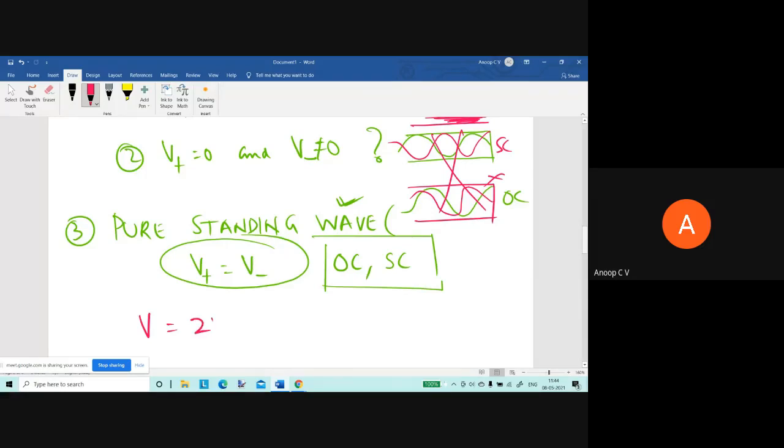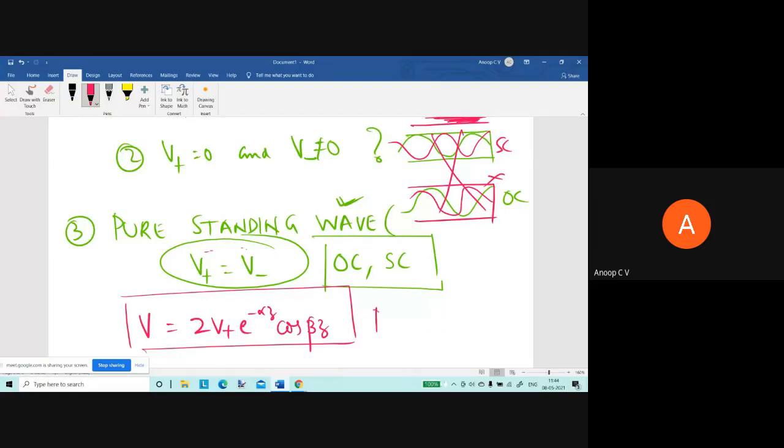It is equal to 2V plus e power minus alpha z cos beta z. When the positive and negative waves are the same, V will be in this form: 2V plus e power minus alpha z cos beta z.